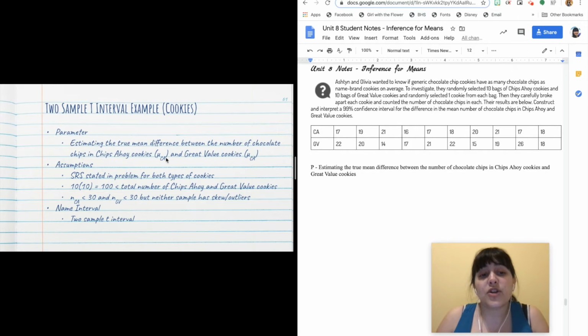Okay, and what I want you to notice is that I've written over on the slides what each of these is, right? Mu CA and mu, oh, that should say GV right there. Okay, so I'm gonna write that on here for you guys. The only reason I didn't type it is just because it's kind of difficult to get to with the typing.